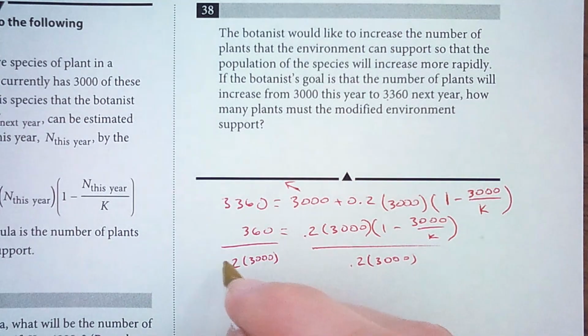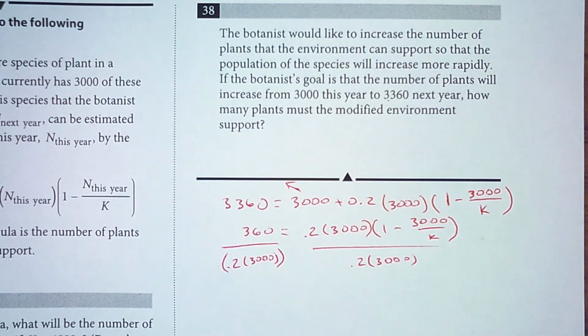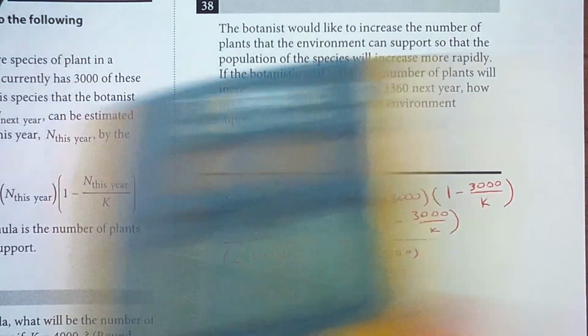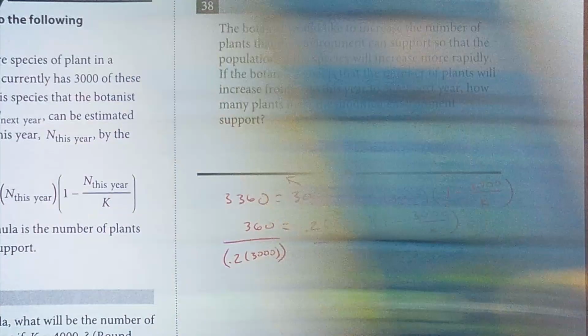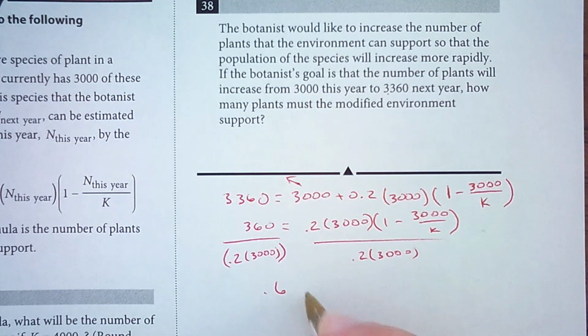Now when I do that, I need parentheses around this entire denominator so that it divides correctly. So I have 360 divided by 0.2 times 3,000, and that is 0.6. So I get 0.6 equals 1 minus 3,000 over K.